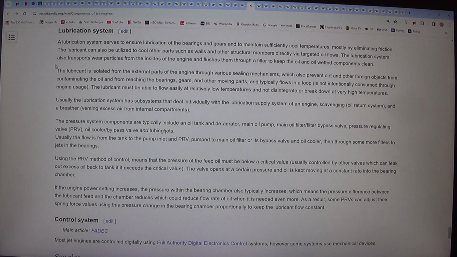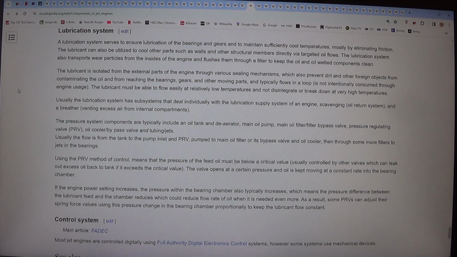The lubricant is isolated from the external parts of the engine through various sealing mechanisms, which also prevent dirt and other foreign objects from contaminating the oil and from reaching the bearings, gears, and other moving parts, and typically flows in a loop, not intentionally consumed through engine usage.